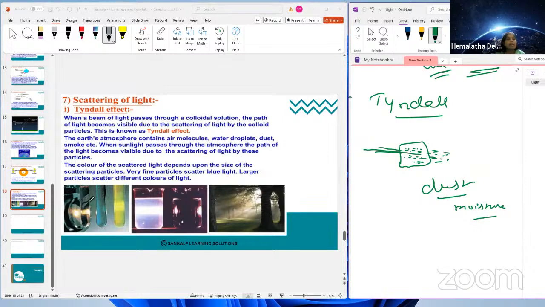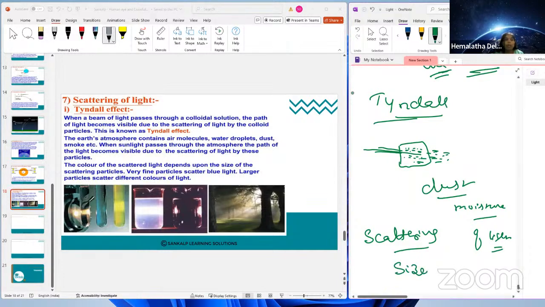What is this due to? If you take the dust particle and the atmosphere, then nothing will happen because of the size of the particles. So this Tyndall effect is the scattering of light. Again and again I'm telling, the Tyndall effect is also one phenomenon due to the scattering of light only. This scattering of light takes place depending upon the size of the scattering molecules.